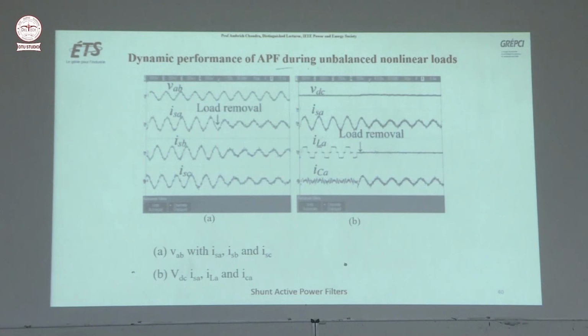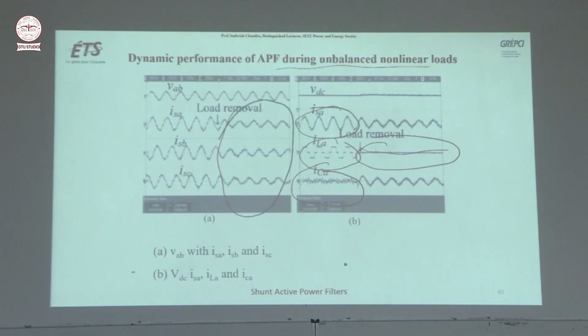Dynamic performance of APF during, I think we should hurry up, there are so many results here. Like when the phase A load is removed, the compensator was working fine, so that is why it is sinusoidal. Here the current is reduced, but it is equally distributed in the source.